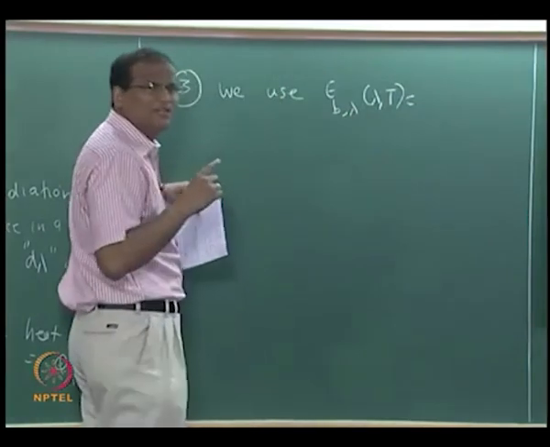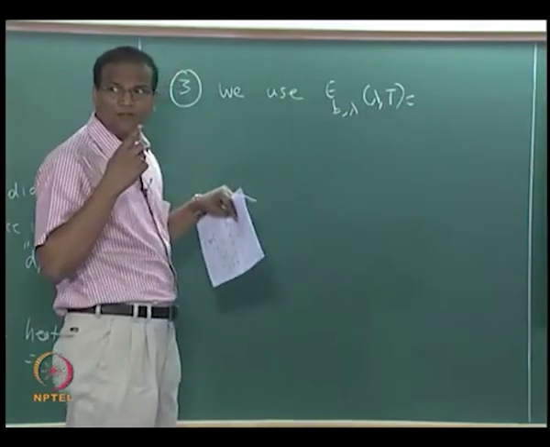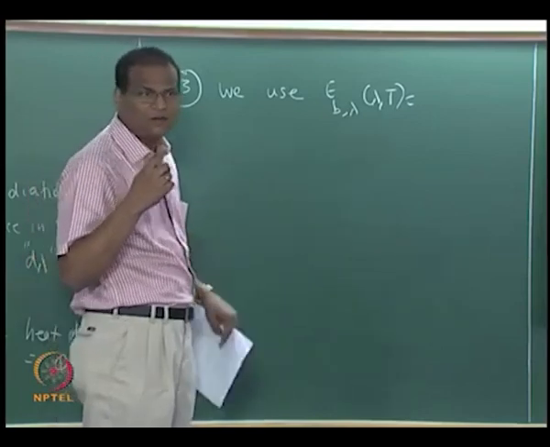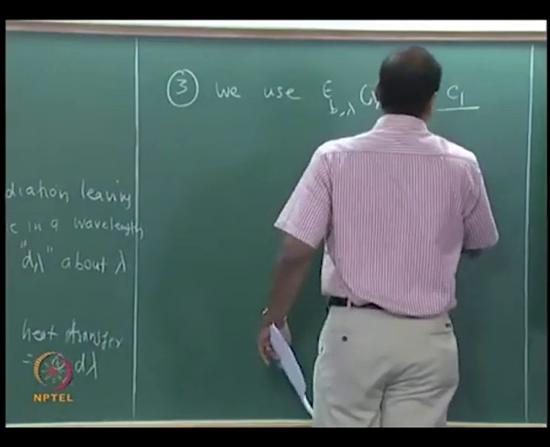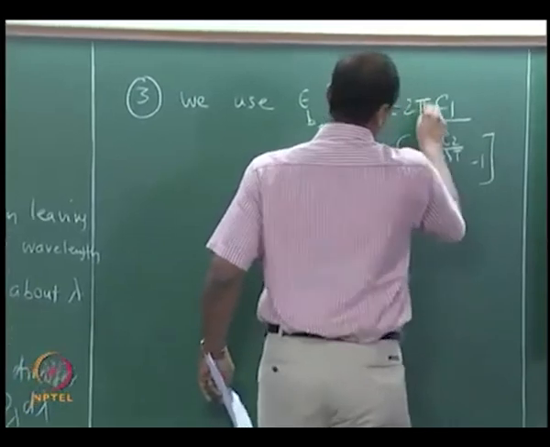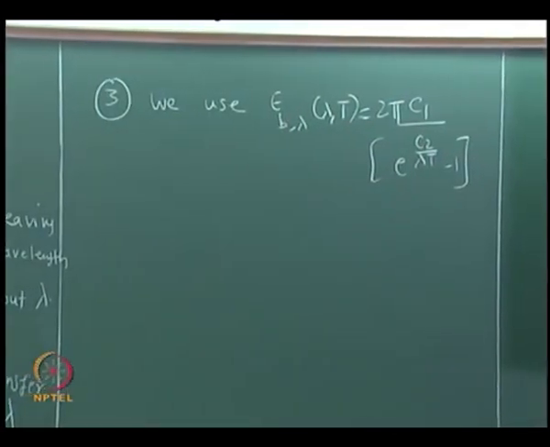Did we use 2 pi C1 or C1 straight away for E? We multiplied that by 2 pi? Please check. No, I am not talking about I B lambda. I hope you have not forgotten the difference between E B lambda and I B lambda.